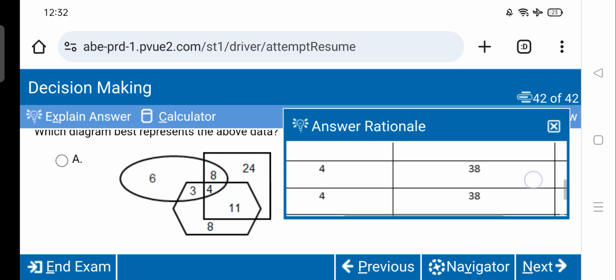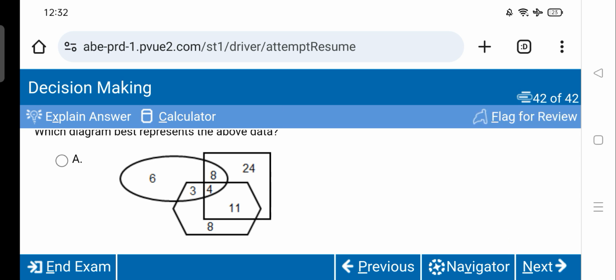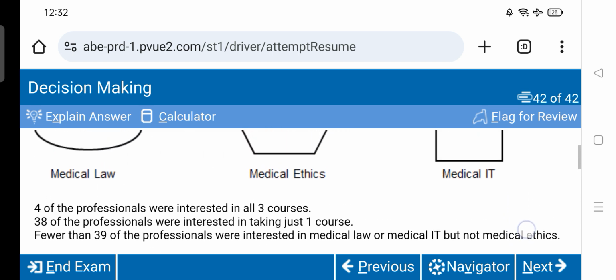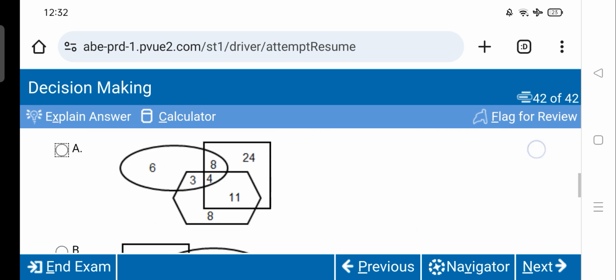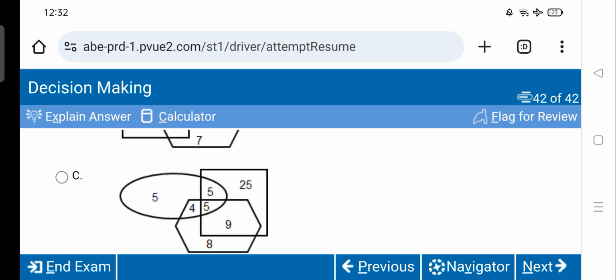Then we have just one course. That's how we can say option A is the correct option. This diagram best suits the information given above in the passage. So this is the last question of the Venn diagram of decision making.